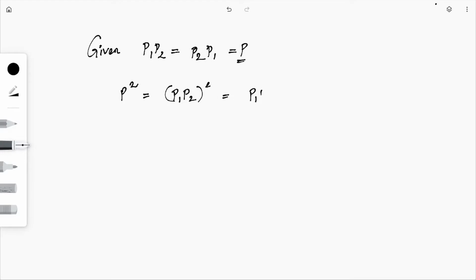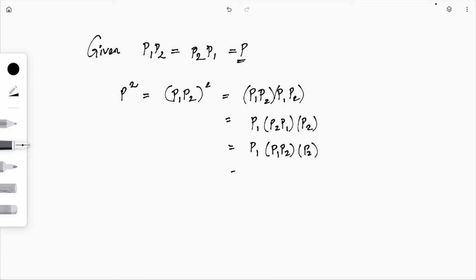So I can write this as P1 P2 P1 P2. Now, making some arrangements, this is P1, P2 P1, P2, and P2 P1 is nothing but P1 P2. So this is P1 square P2 square.